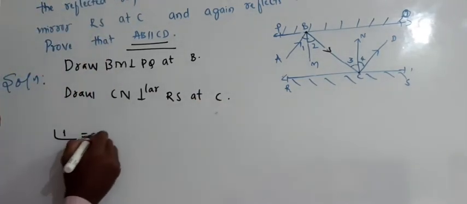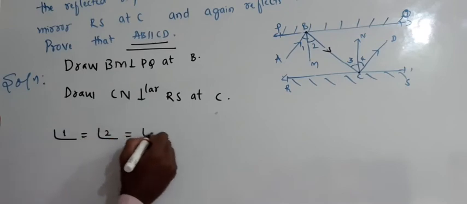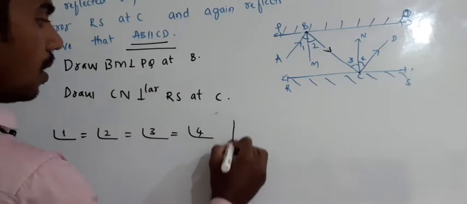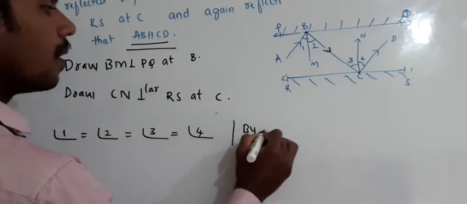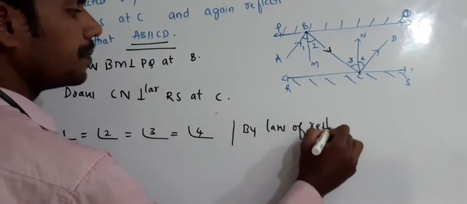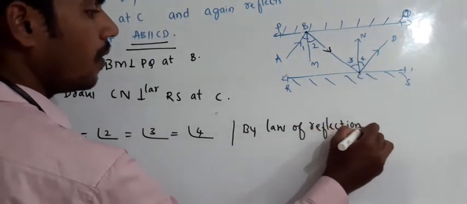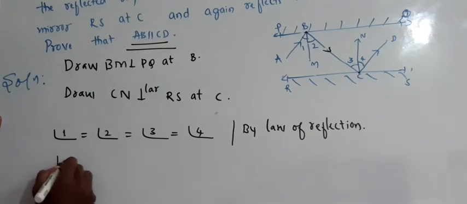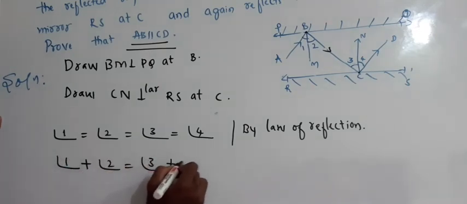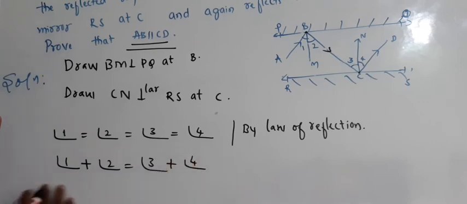Now, angle 1 is equal to angle 2, which is equal to angle 3, which is equal to angle 4, by the law of reflection. Now, angle 1 plus angle 2 is equal to angle 3 plus angle 4. I showed how they are equal.